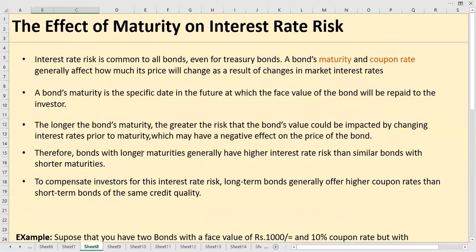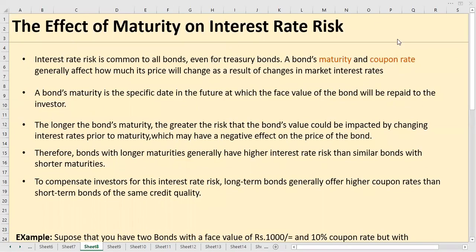Now the interest rate risk is the relationship between bond price and the required rate of return, and there is a negative relationship, and we proved it in the last discussion. So now here what we are going to understand is what will happen to this relationship, or the interest rate risk, when the maturity of the bond is increasing or decreasing, right?